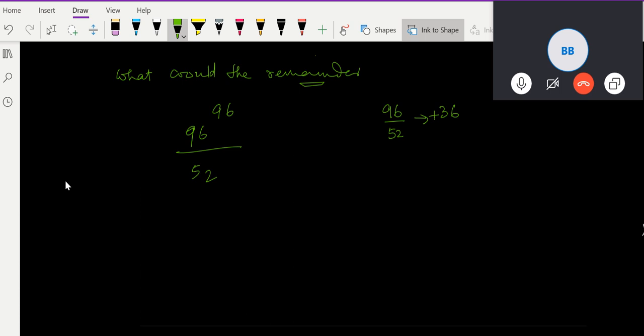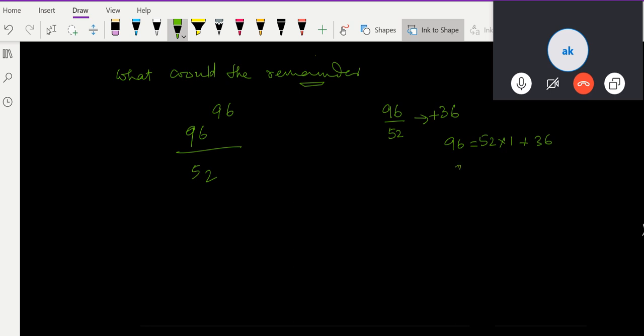So we are writing 96 as 52 into 1 plus 36.